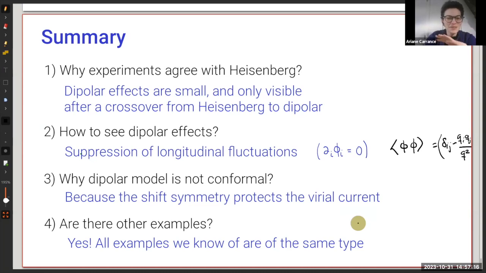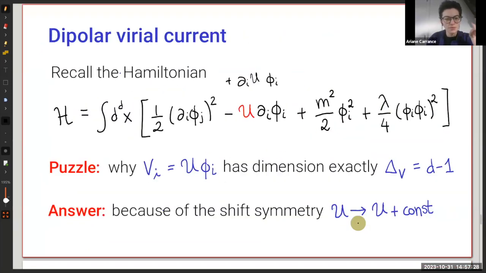I have a very naive question, maybe. In your example, the shift symmetry that you have for dipolar systems is actually related to a Lagrange multiplier. Yes, correct.